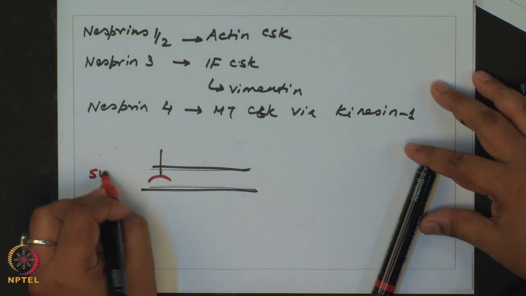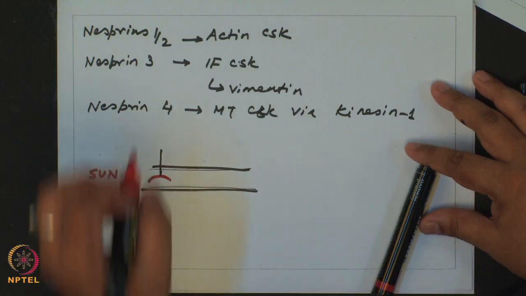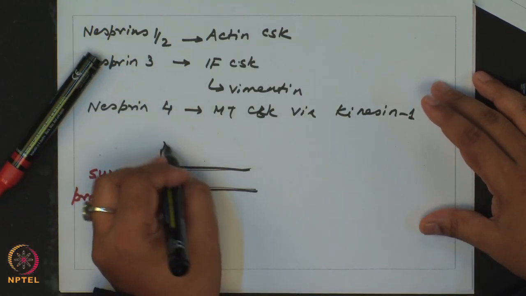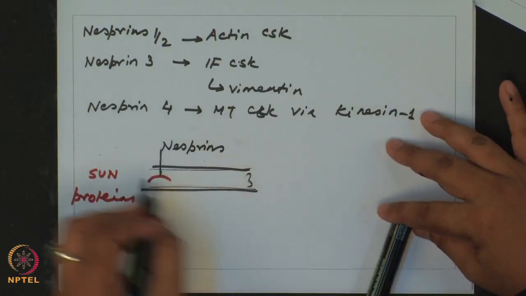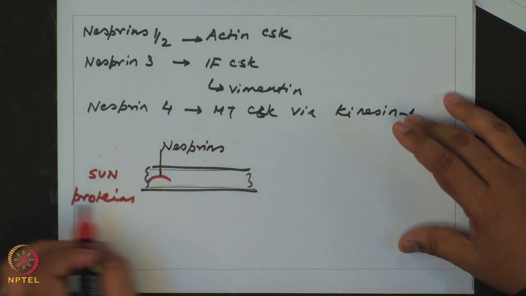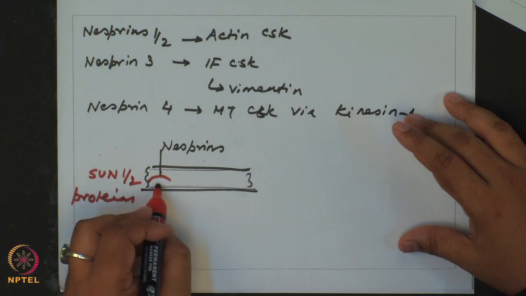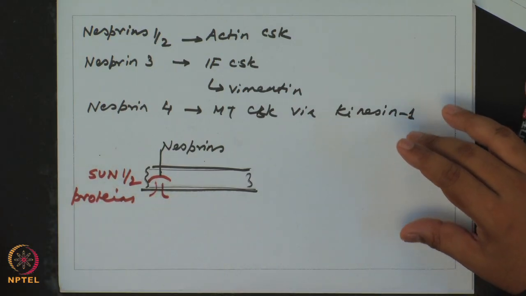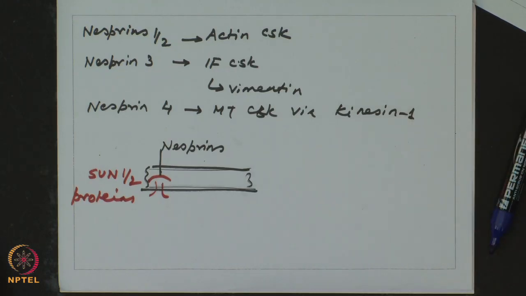You have SUN proteins which link the nesprins to the nuclear membrane. And the SUN, so you have SUN 1 or SUN 2, and these in turn associate with the inner nuclear membrane through the cytoskeleton of the nuclear lamina.